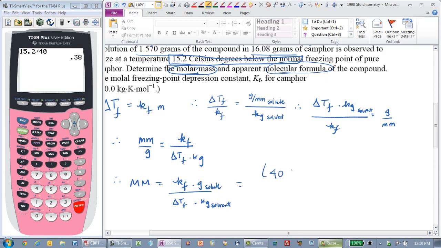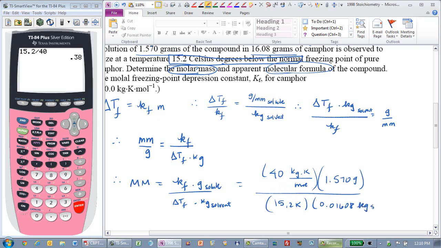0.40 kilograms Kelvin per mole, and then 1.570 actual grams used over the change, which was 15.2 Kelvin, and 0.01608 kilograms of solvent.